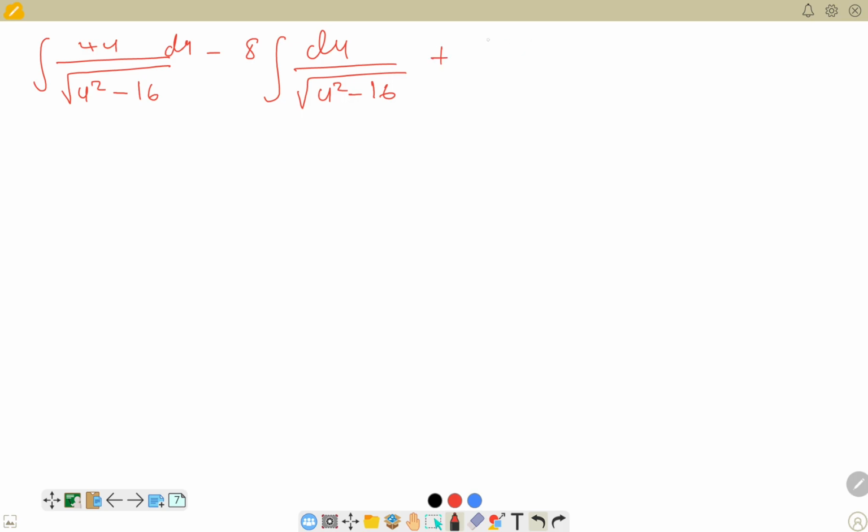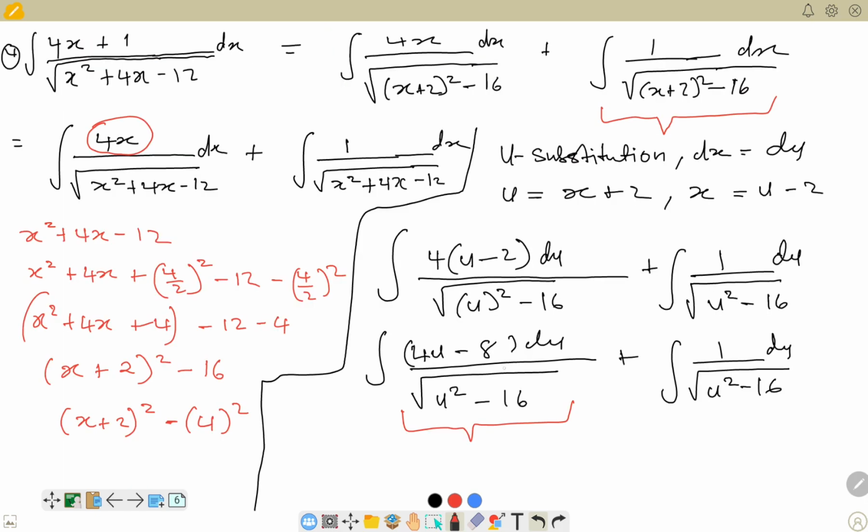Then on the other side we had plus integral of du over the square root of u squared minus 16. So we have just split the left side by dividing both terms by the denominator.